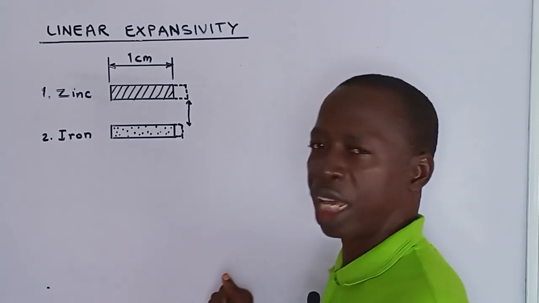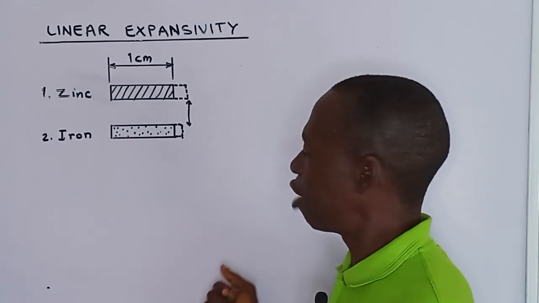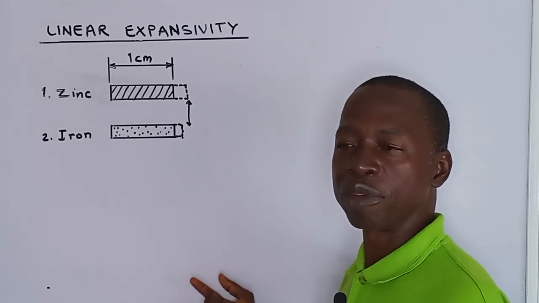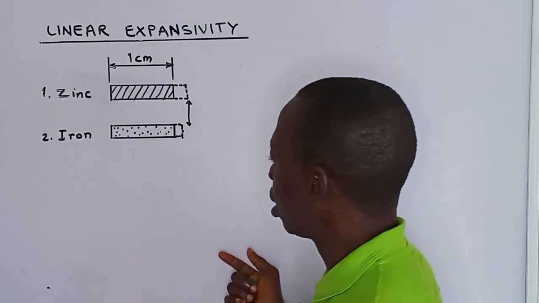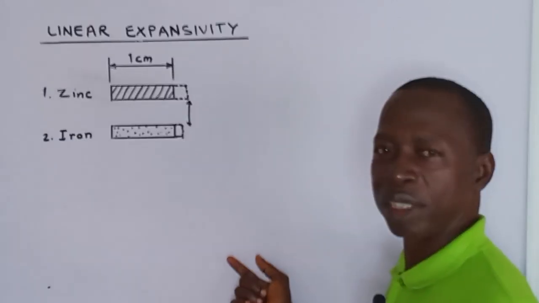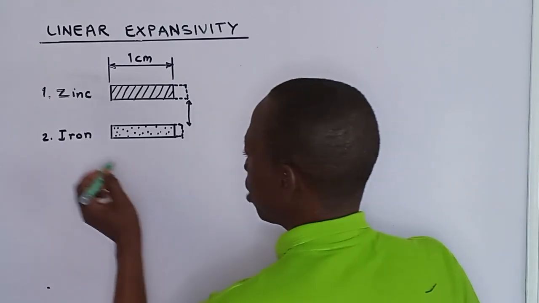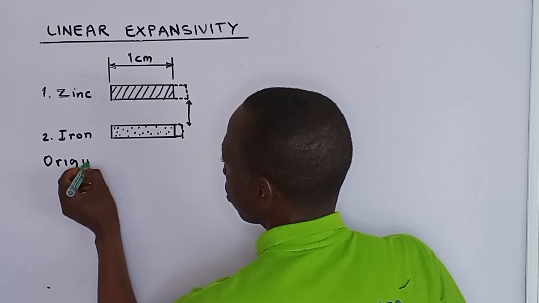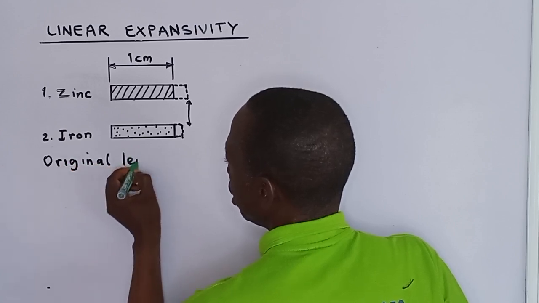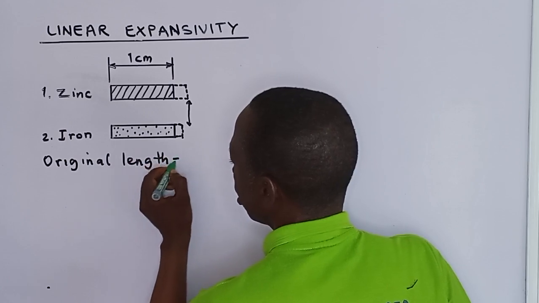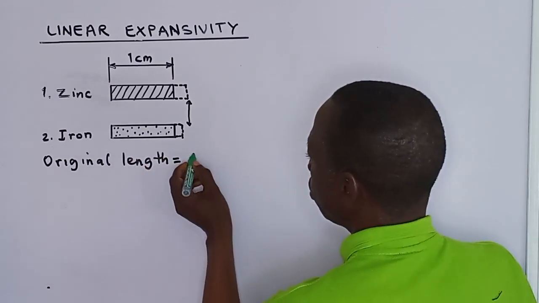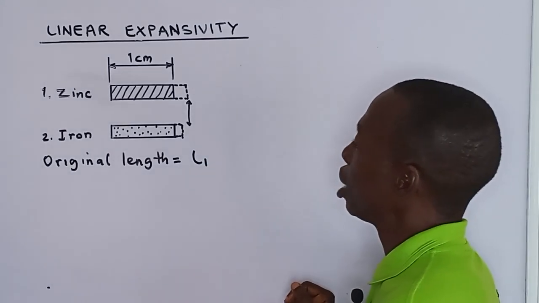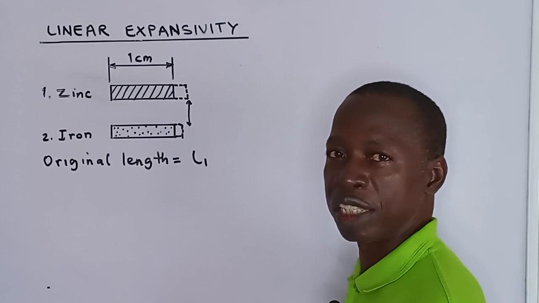So having understood that, let's now derive an expression for the linear expansivity of any given material. Now, to obtain linear expansivity of a material, we must first of all know what we call the original length. We use L1 to represent original length of any material in calculations involving linear expansivity.